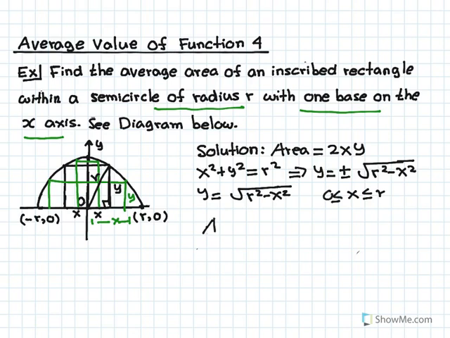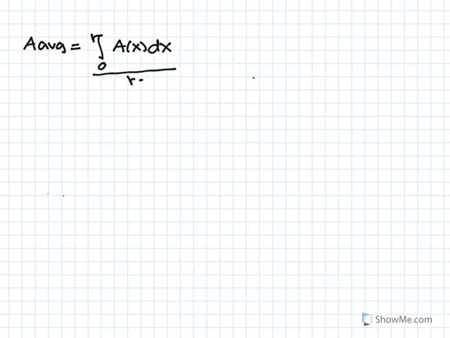So the area function is going to be 2x times y, and substitute y in, so we get area is equal to 2x times y, which is root of r squared minus x squared. x is between 0 and r. And our goal is to find the average value of the area function. So let's do that. So what we have is A average is equal to the integral from 0 to r of A of x dx divided by r minus 0.